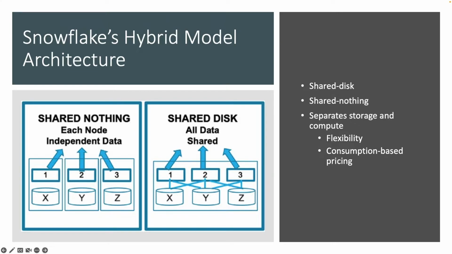Shared nothing are those hotel rooms with only one door that goes into the hallway, because each node can only access its own data. But with the shared disk architecture, nodes are able to access multiple nodes' data. So in that architecture, the shared disk, we're able to share data between machines and computations versus when we're not. Snowflake uses the architecture and the benefits of both.